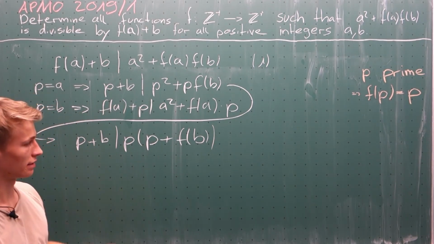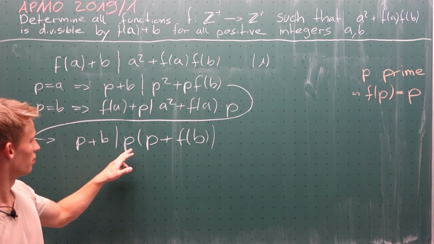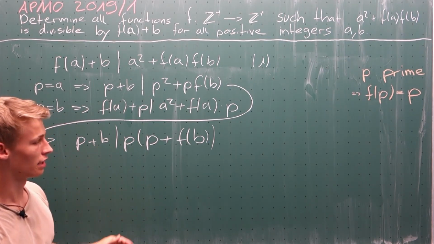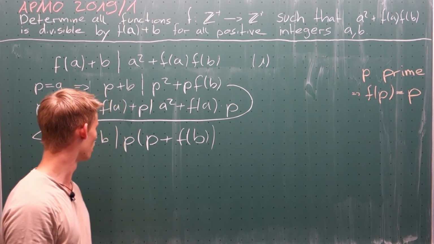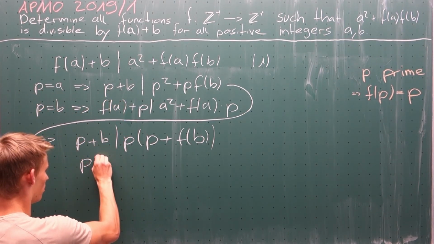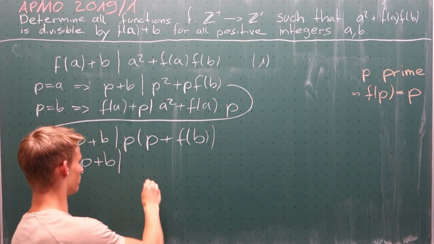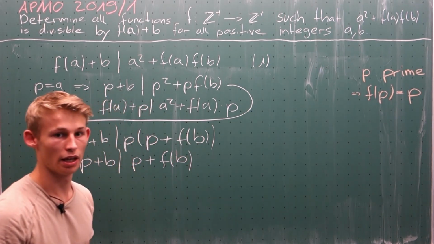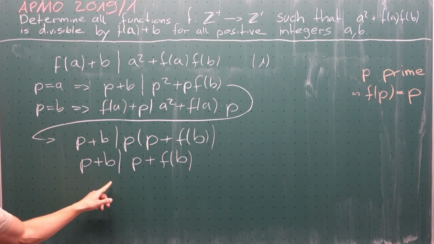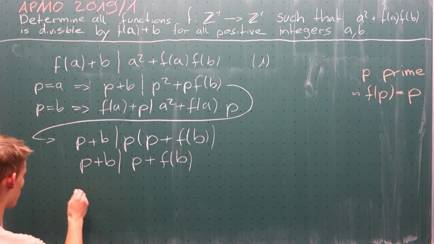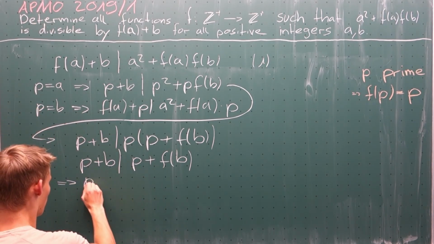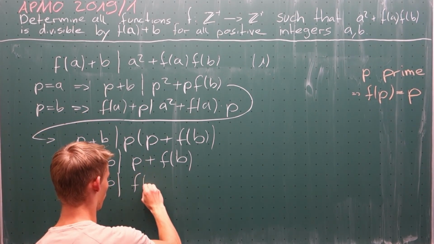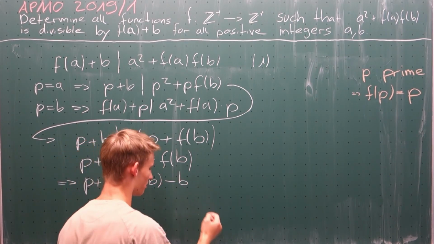Now, since p is an arbitrary prime, we can choose p in such a way that p does not divide b. Therefore, p plus b is relatively prime to p, and so we can say that p plus b divides p plus f of b. Now we can subtract p plus b from the right hand side, and so we get that p plus b divides f of b minus b.